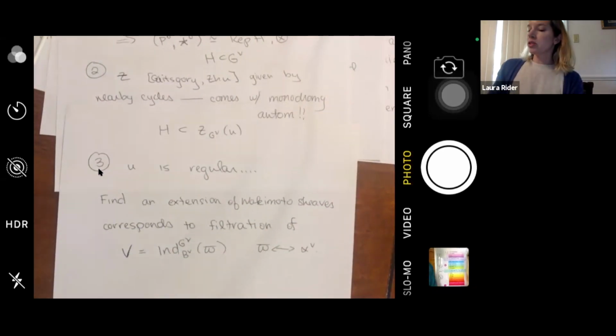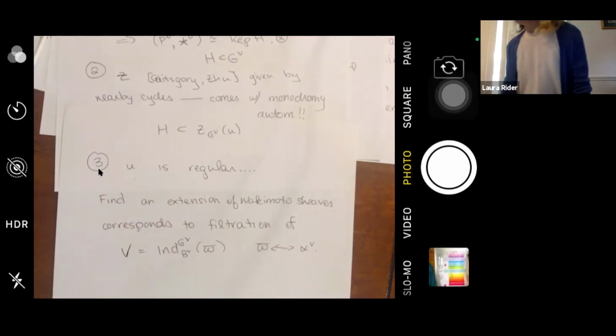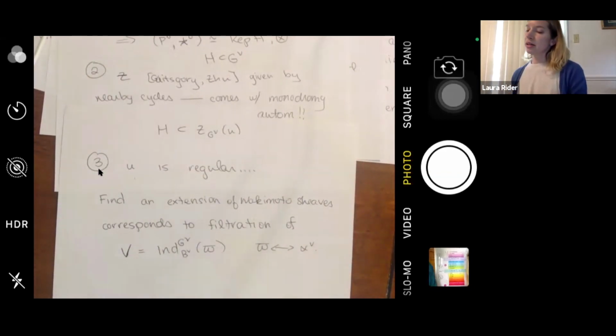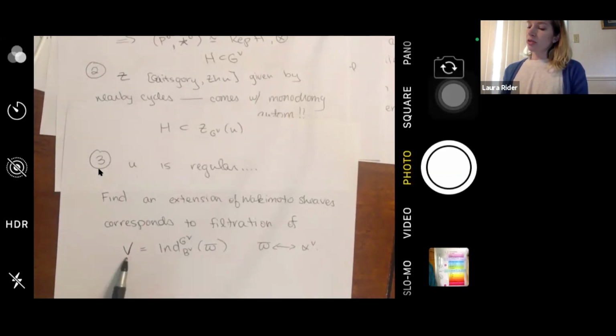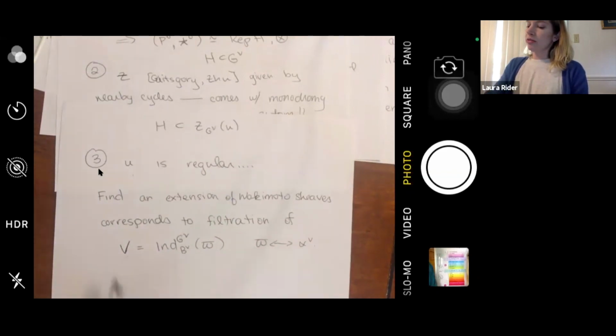And so to get that this is regular, I need to get that the component of the Borel that corresponds to the simple root acts non-trivially. So for this V, I look at this representation. This has a weight filtration.